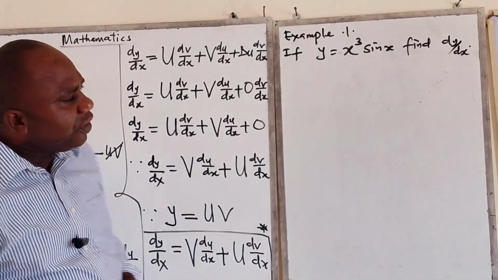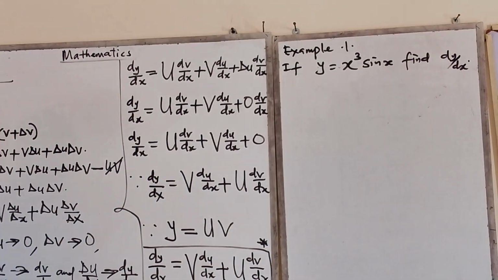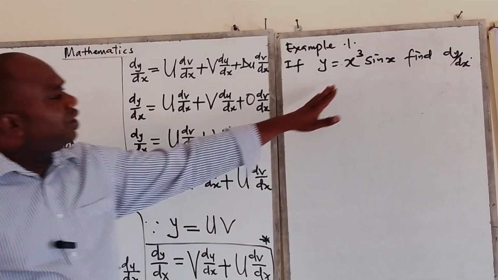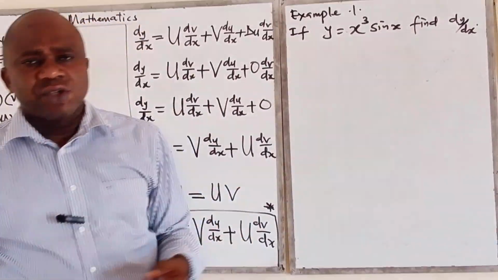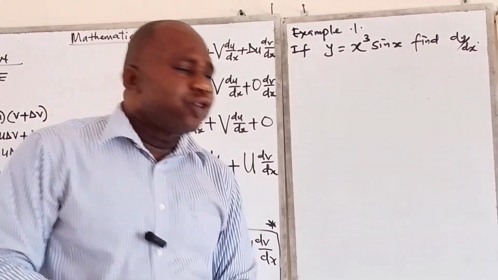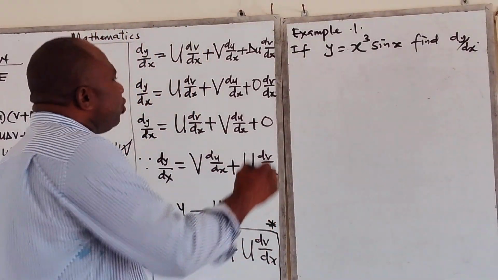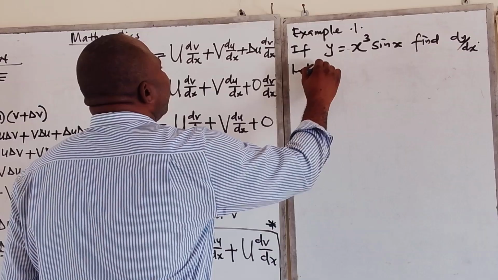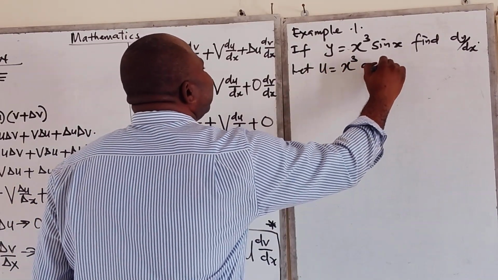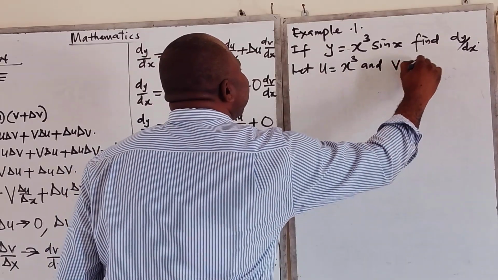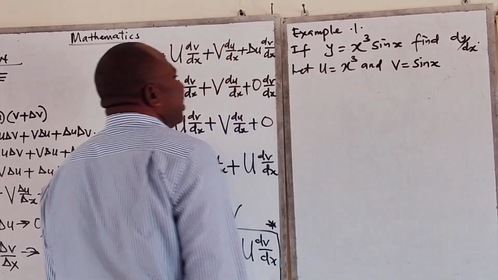Now, in this case, we have seen that x power 3 and sine x are products of functions. So it means that here we can say let u be equal to x power 3 and v be equal to sine x.